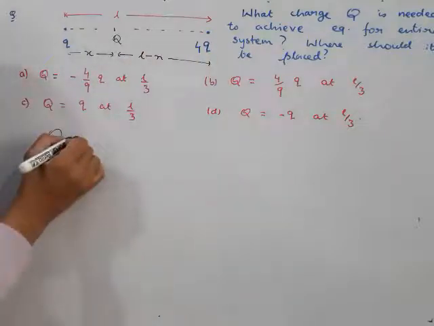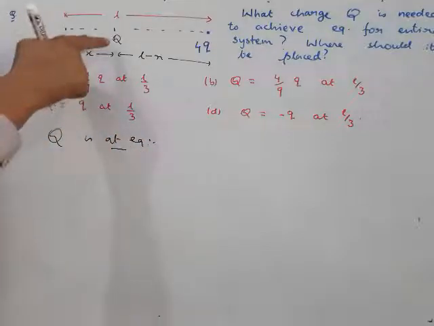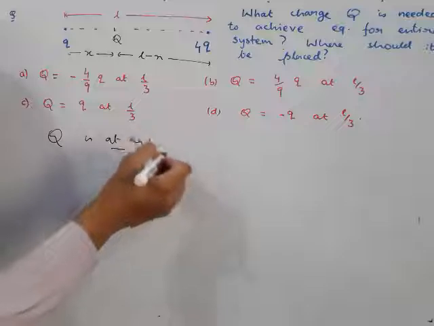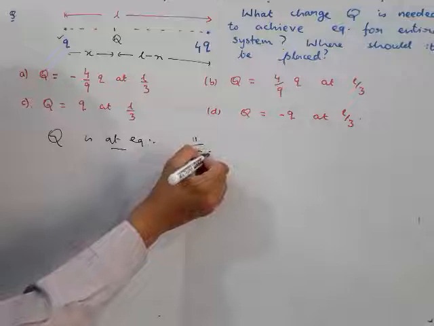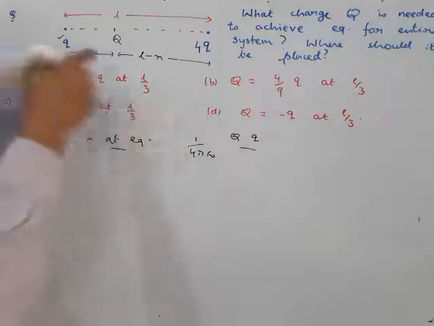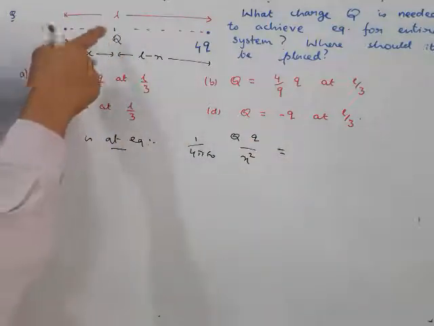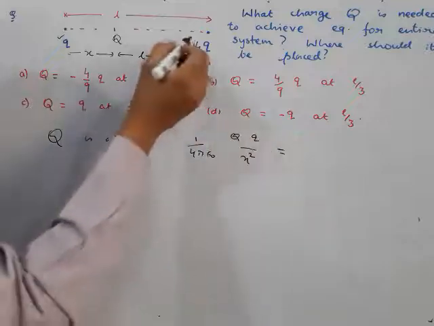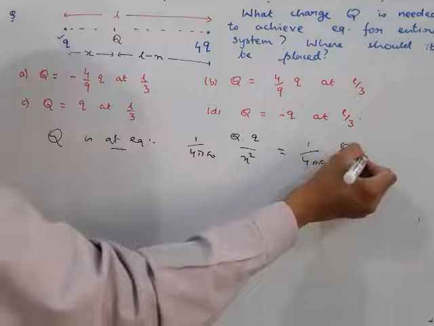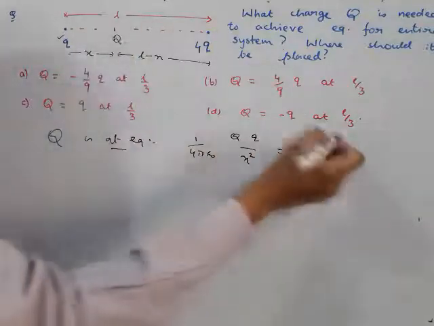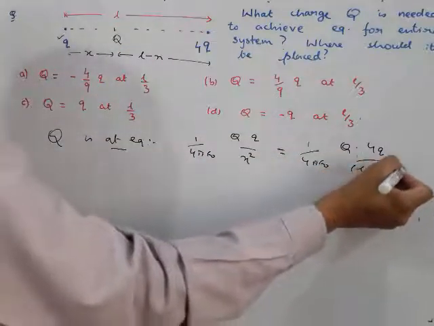So for Q, its equilibrium demands, if this charge Q is at equilibrium, the net force must be 0. Force on this charge due to this Q will be how much? 1 upon 4 pi epsilon naught, Q upon this distance square, and will be in one of the directions, and opposite to that direction will be the force due to this charge, and its value will be how much? 1 by 4 pi epsilon naught, Q times 4Q upon this distance square, L minus x whole square.